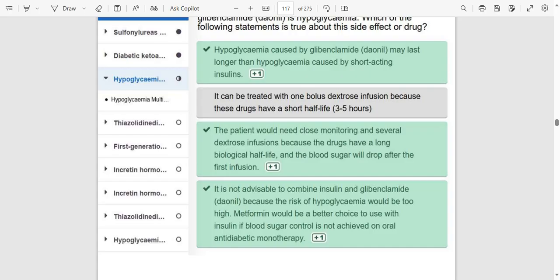When you give the drug, it is going to be excreted, but even after excretion, it will still be working. Thus, the biological half-life is longer than the elimination half-life.